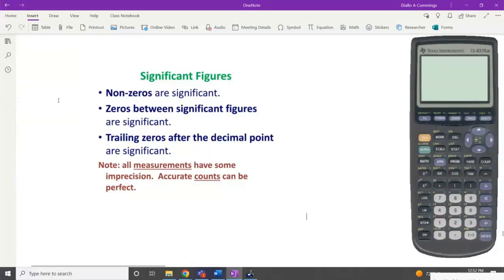Non-zeros are significant, so the numbers 1 through 9 are significant. Zeros between significant figures are significant. And the third rule says trailing zeros after the decimal point are significant.